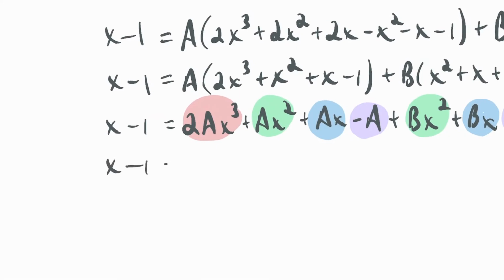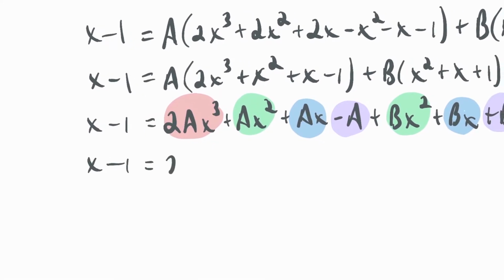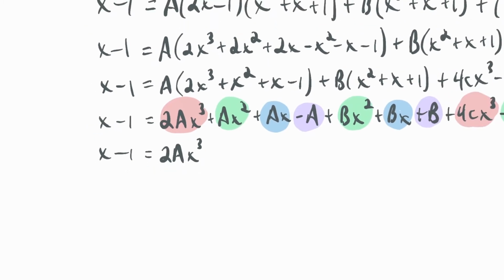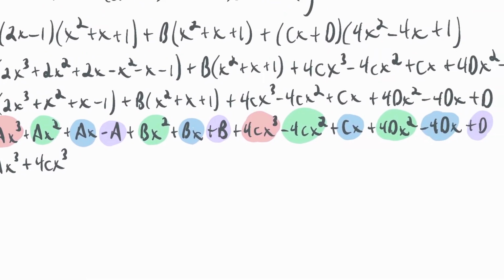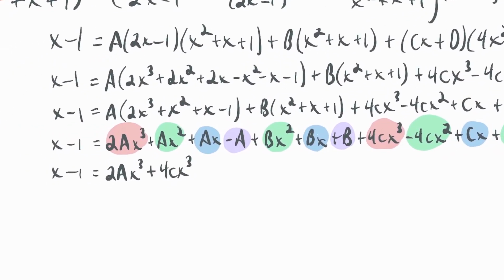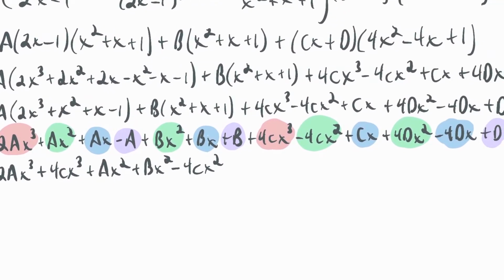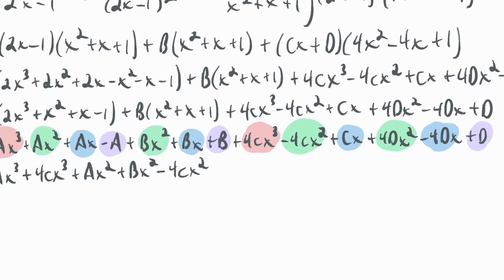Okay, so x minus 1 equals, well, 2ax cubed plus 4cx cubed. Okay, yep, there's only two of those. Okay, now quadratic, so plus ax squared plus bx squared minus 4cx squared plus 4dx squared.